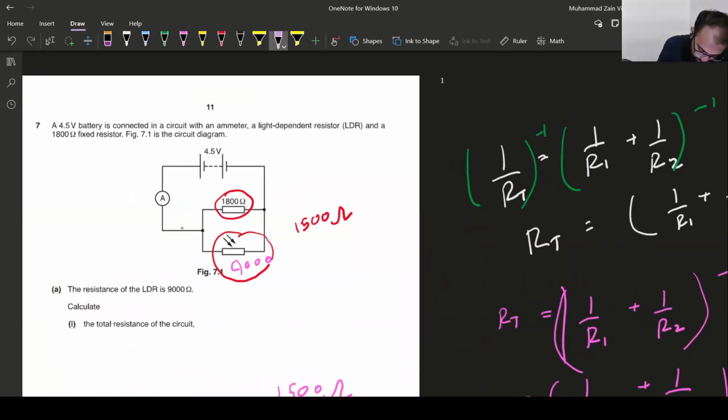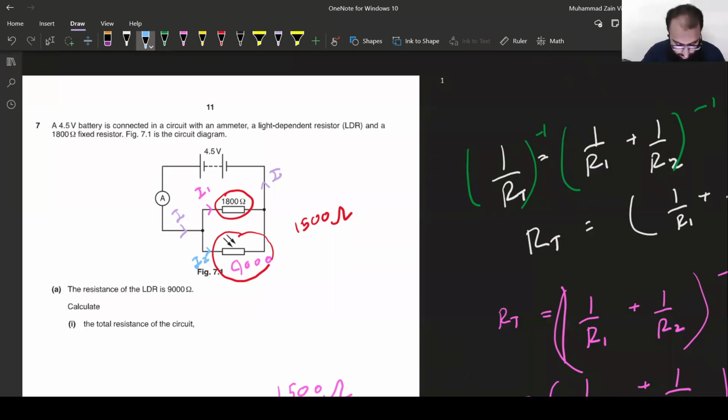Say this is my current which is flowing in the circuit. This current is supposed to get divided in two parts. One would be I1, and the other would be I2. Now, when the current starts to divide, it chooses the path where the resistance is the least. Wherever the current finds the least resistance, more current flows through that path, and where it finds greater resistance, less current flows.